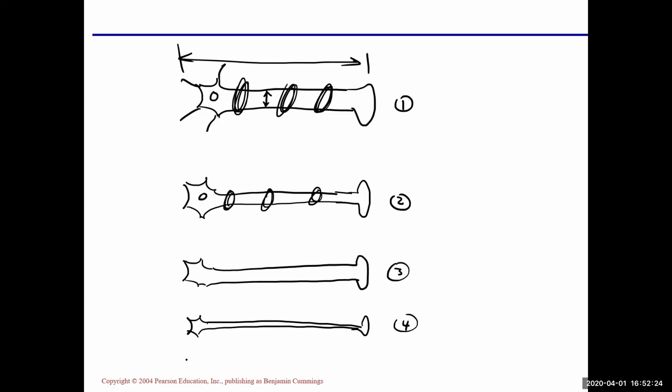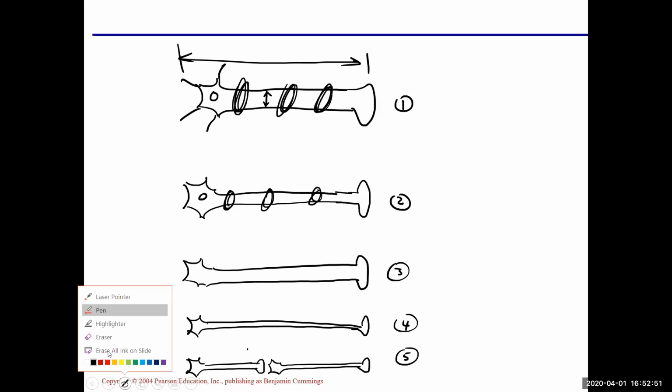And let's put number 5, same diameter as number 4, but they're actually 2 neurons. If you measure these 2 neuron lengths together, it is going to be equivalent to the same length as the top ones.